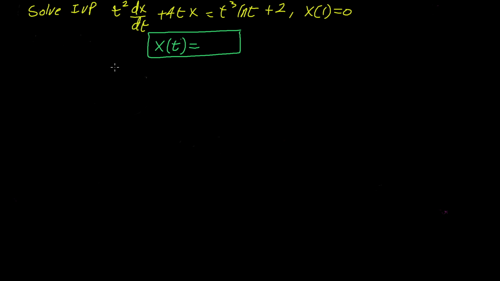So the setup is to divide by t squared, and you get dx by dt, this derivative. And so this is just the prep.